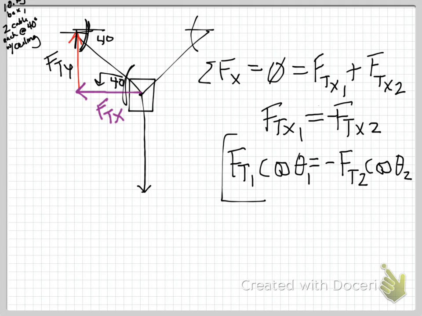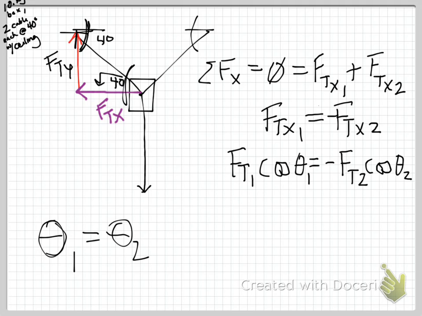Force of tension times cosine theta. What this allows us to prove mathematically, so, we know that cosine, well, here's what we know. We know that theta 1 equals theta 2. We were told that in the problem.